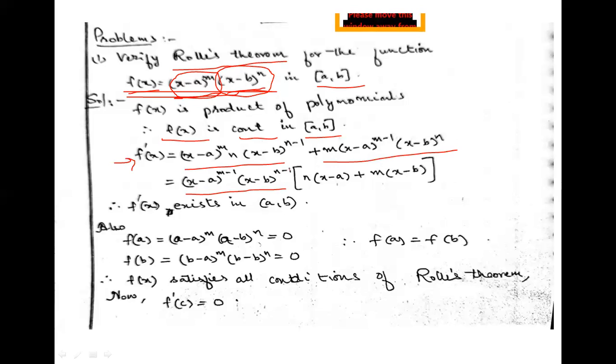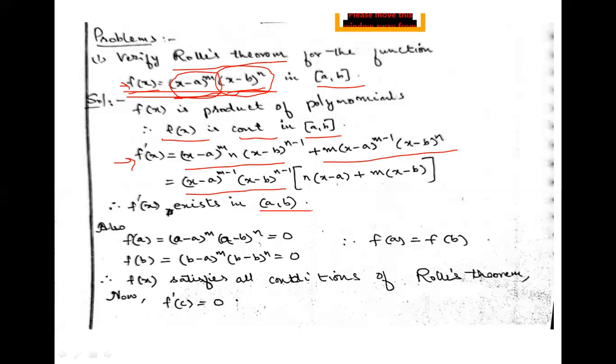Hence we know that f of x is differentiable in the open interval a comma b. So f of x is continuous in the closed interval a comma b, and it is differentiable in the open interval a comma b.